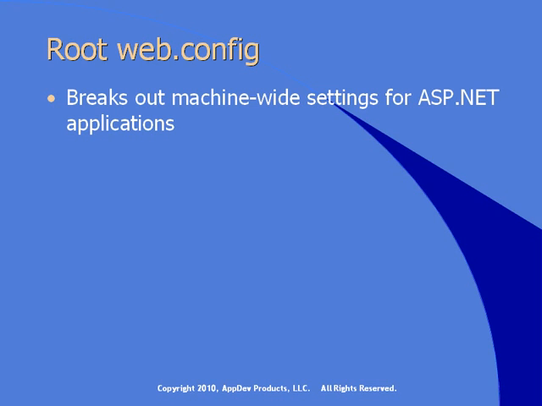So to keep things better organized, beginning in ASP.NET 2.0 and continuing forward in ASP.NET 3.0, Microsoft partitioned the ASP.NET specific settings into a root web.config file. It's located in the same directory as machine.config, as you just saw. Machine.config is still the root configuration file, and then the root web.config file overrides any settings. But as a practical matter, what it does is it segregates out most of the ASP.NET specific settings.